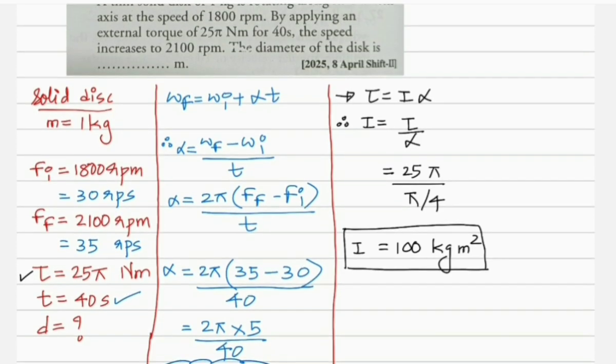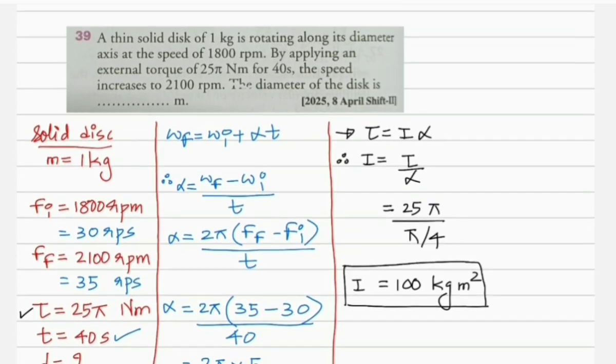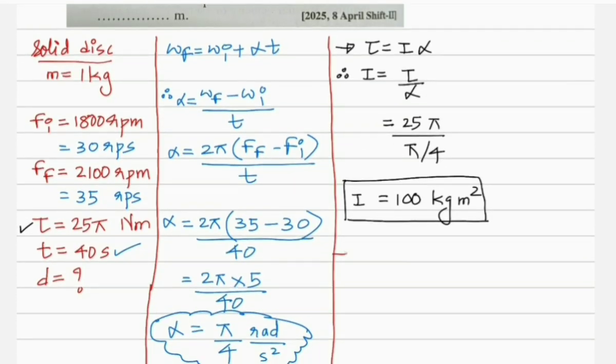What next now? Diameter of the disc is what we have to find out. तो radius पता कर लेंगे using this value of moment of inertia. Obvious. But क्या आपने ये ध्यान से read किया first and second line students? A thin solid disc of 1 kilogram is rotating along its diameter axis. So for the solid disc, moment of inertia about the diameter axis I can use 1 by 4 m r square.